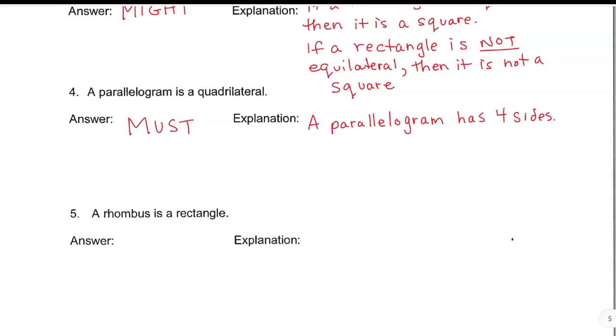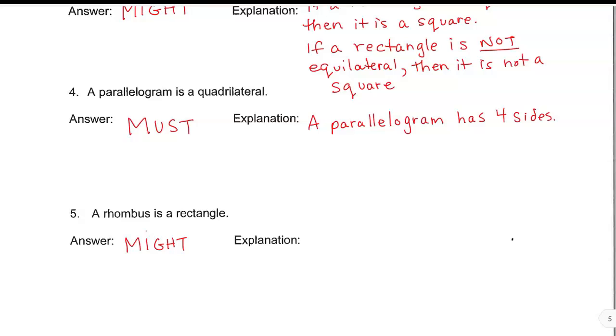And number 5, a rhombus is a rectangle. This might be true. We did not say that any of the rectangles were a rhombus, and we didn't say any of the rhombus were rectangles. But a rhombus becomes a rectangle when it is a square.